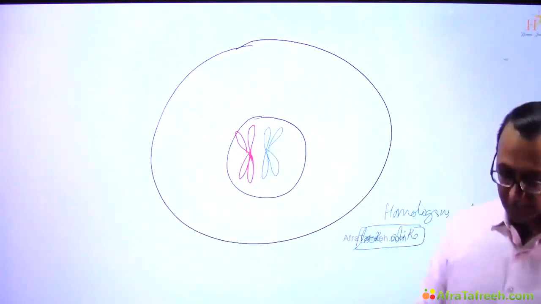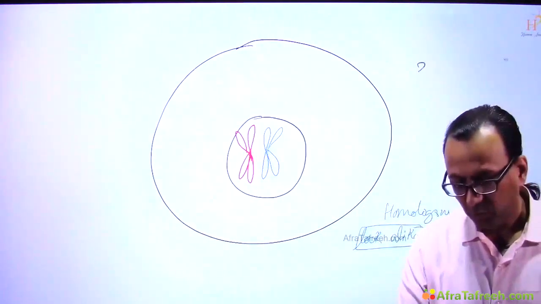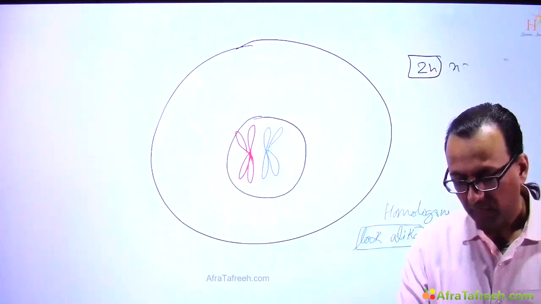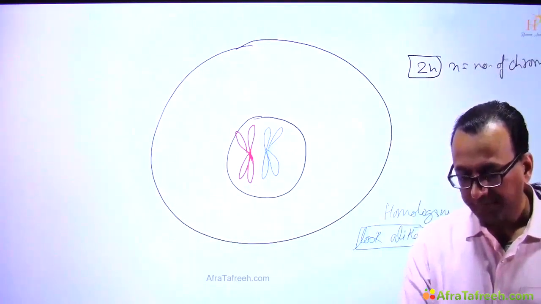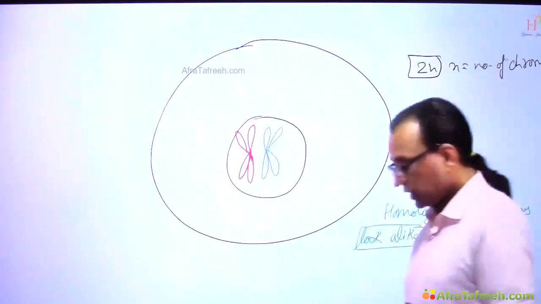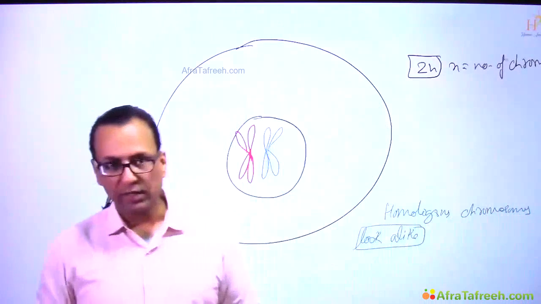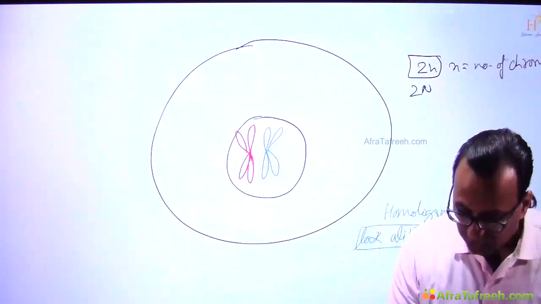Normally, you have to understand, we are diploid organisms, 2n, where n is the number of chromosomes. Now when you say that we are 2n or diploid, where n is the number of chromosomes, you can also mention it as 2N, which is capital N. Now what is that capital N?